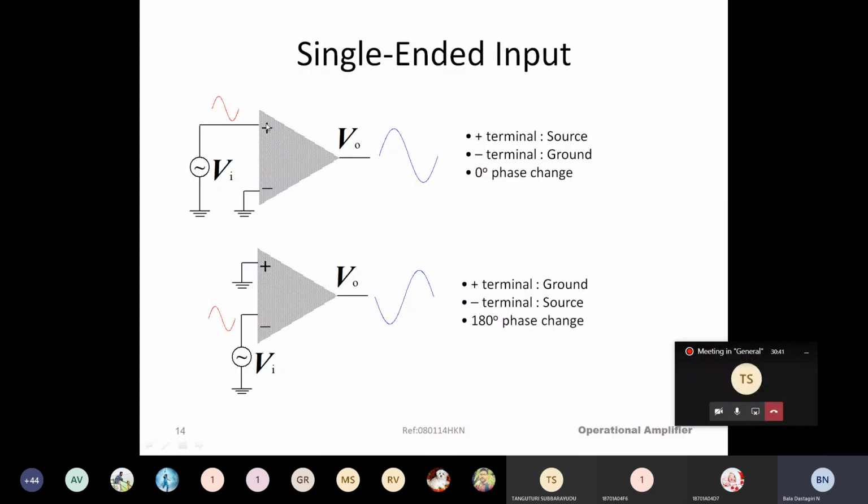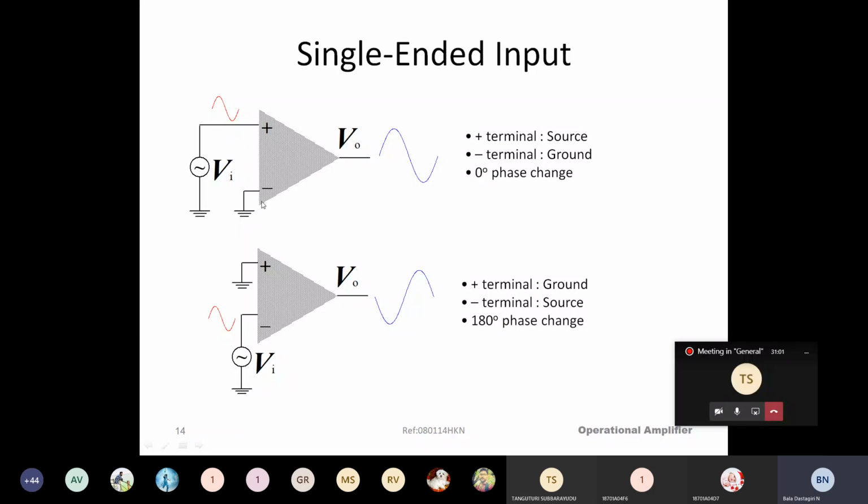Plus means non-inverting terminal, minus means inverting terminal. So first I am giving my input signal to the plus terminal, the non-inverting terminal, and the negative terminal, the inverting terminal, is grounded.